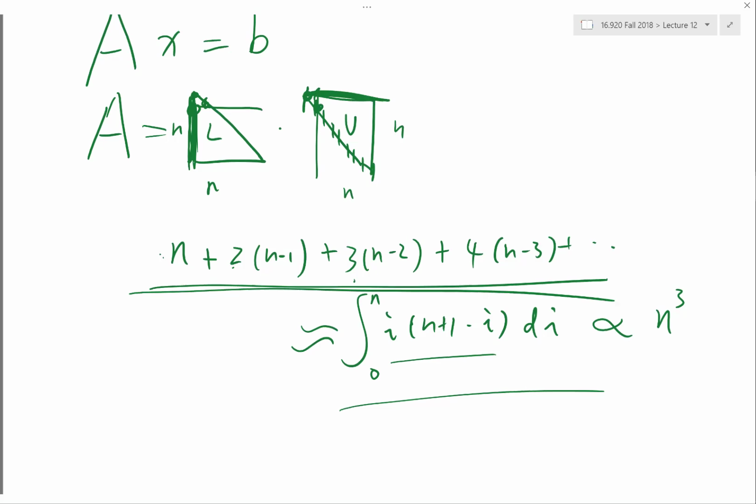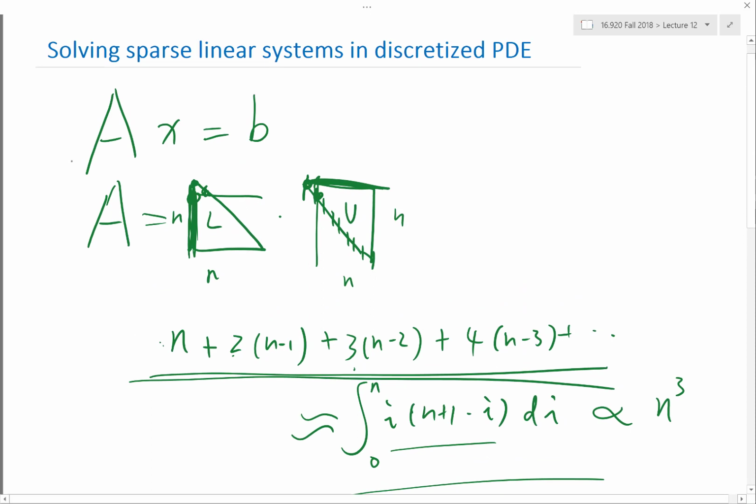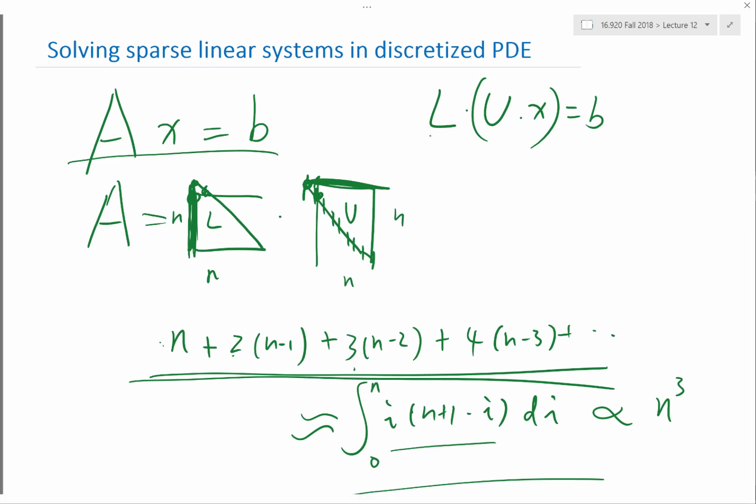And once the LU decomposition is figured out, solving this matrix equation is very easy, because I'm now solving L times U times X equal to B. The first step is to figure out what is U times X. L being a lower diagonal matrix, solving a linear system involving a lower diagonal matrix is called forward elimination, because the first entry of UX is basically the first entry of B divided by the first entry of L, right?